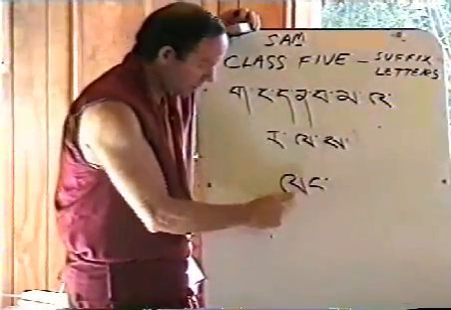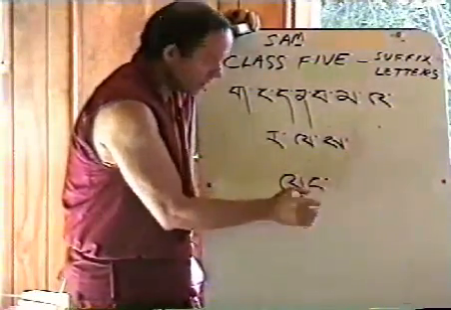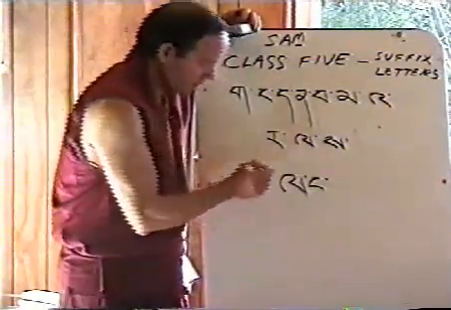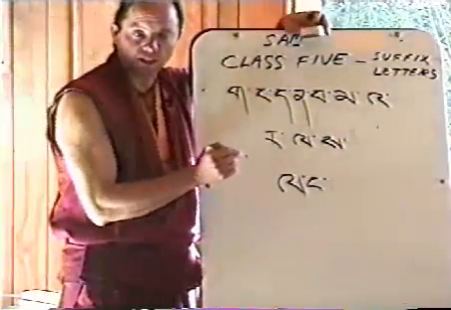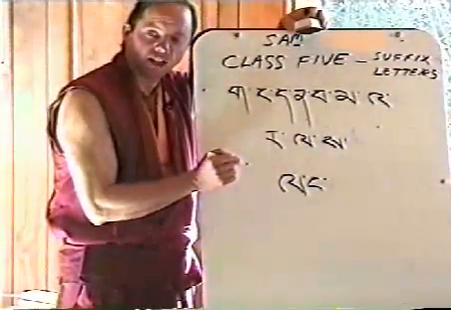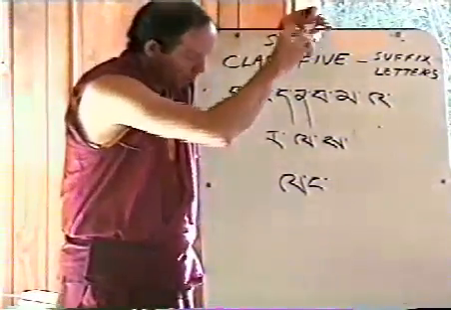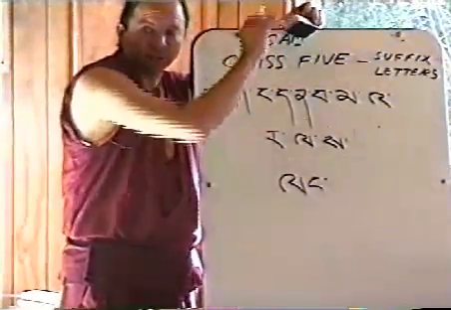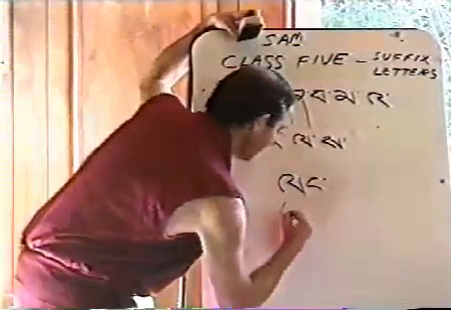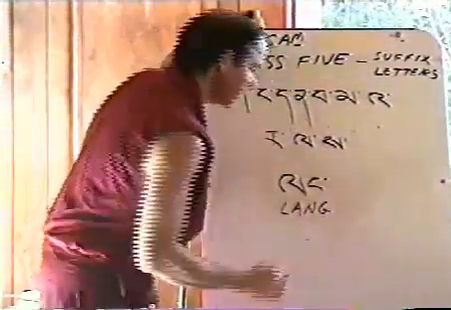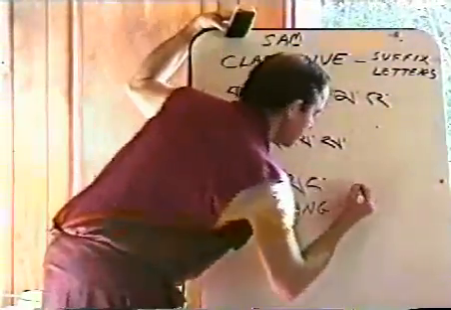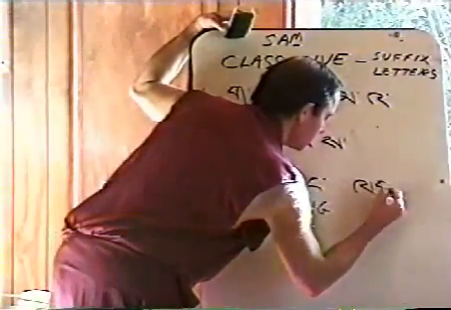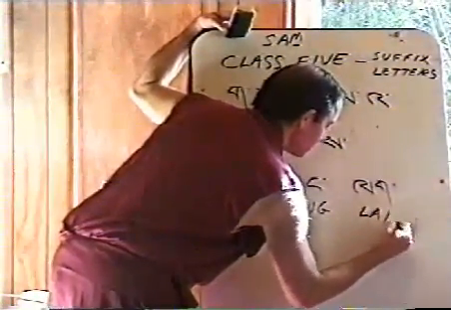Because if there was another dot here, this would be langa. But when it's one syllable, this loses its natural a vowel and it becomes lang. You see what I mean? Lang. This is lot.